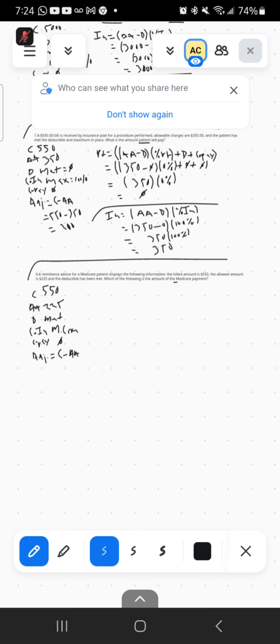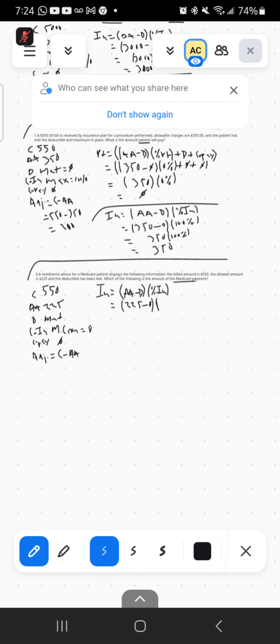This one asks how much Medicare has to pay, so Medicare is the insurance. So the insurance has to pay the allowed amount minus deductible times the percentage for the insurance. The allowed amount is 225, minus the deductible that is met, so that's 0, multiplied by the percentage for the insurance.